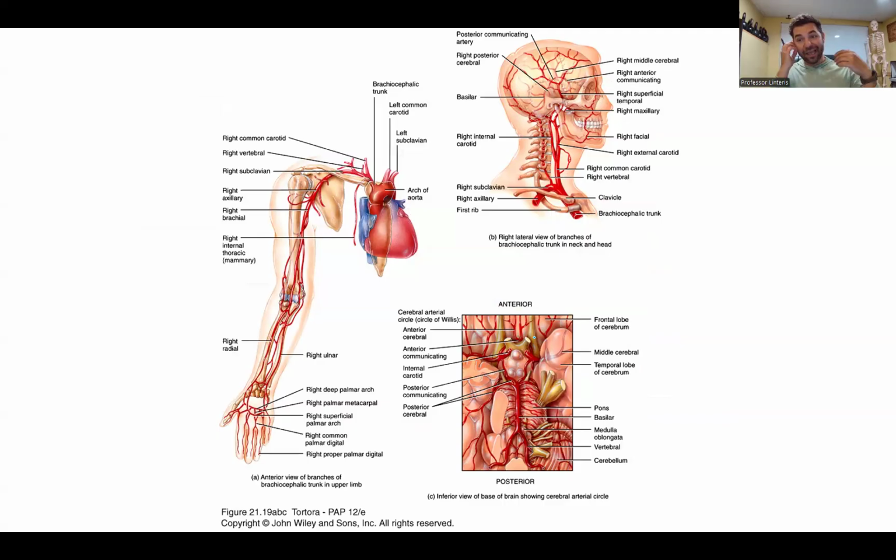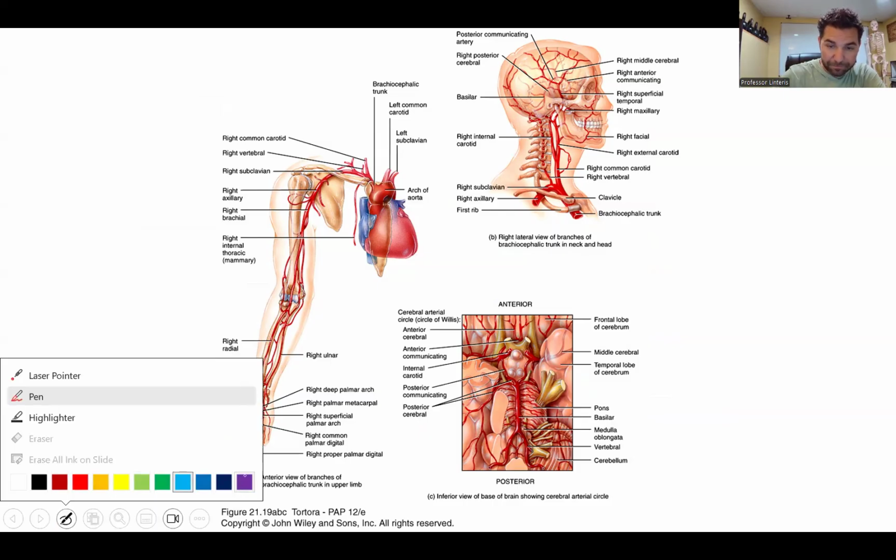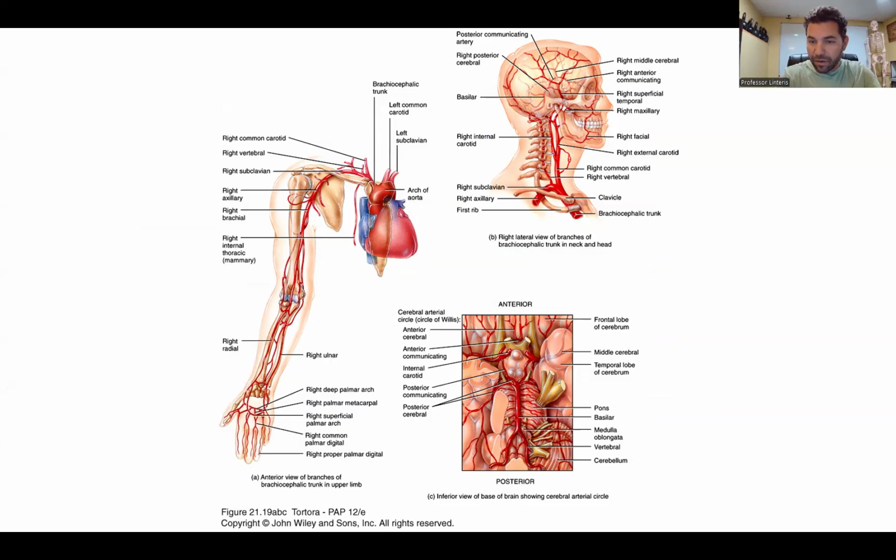And the last lecture-y component of this is blood flow to the brain. So we have a variety of different blood vessels. The main blood vessels I want you to focus on are going to be your carotid artery. And we have a couple different branches, right?